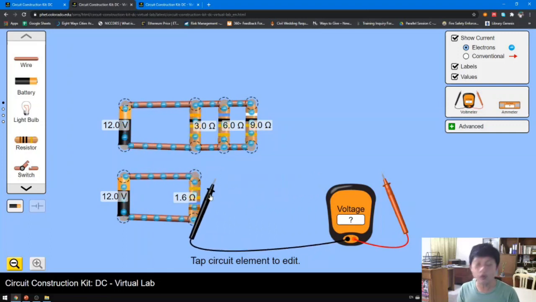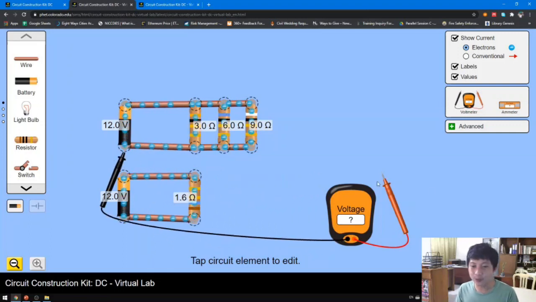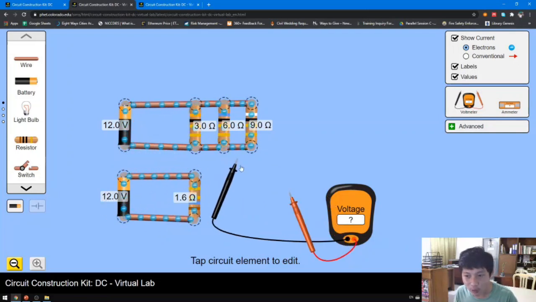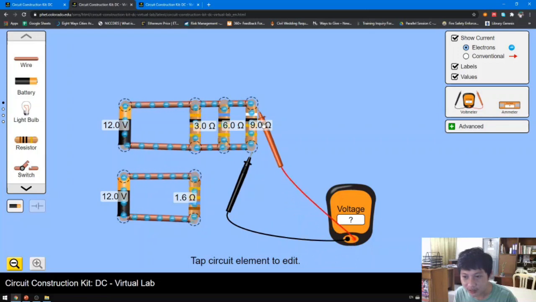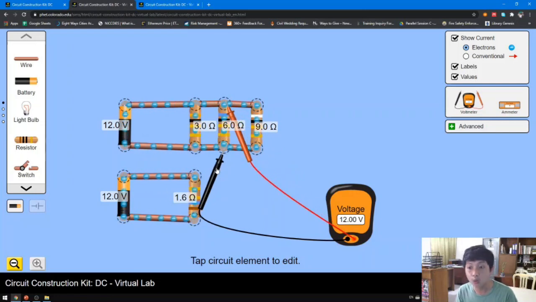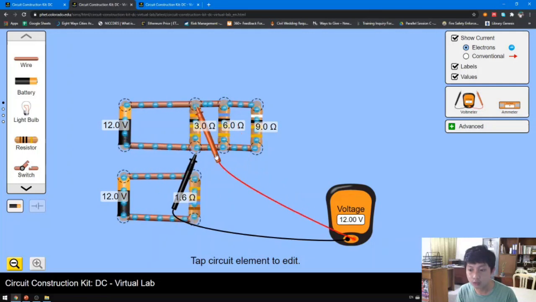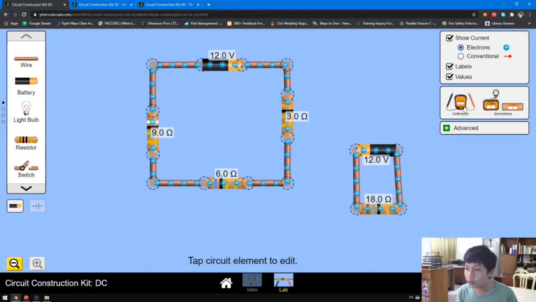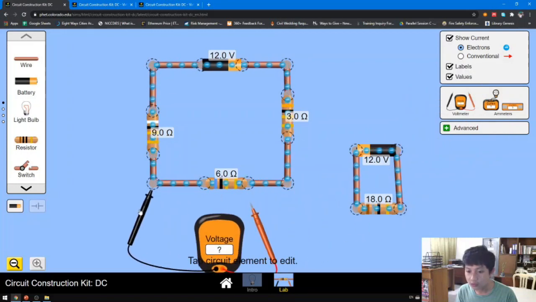Okay, I remember my point. So the voltmeter measures the speed of the electrons that flow, right? So it's 12 volts here. Now, interestingly, if you check this one out, wow, same voltage, but if we look at this one, 4 volts.